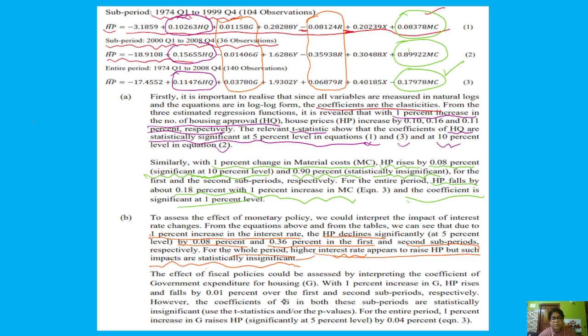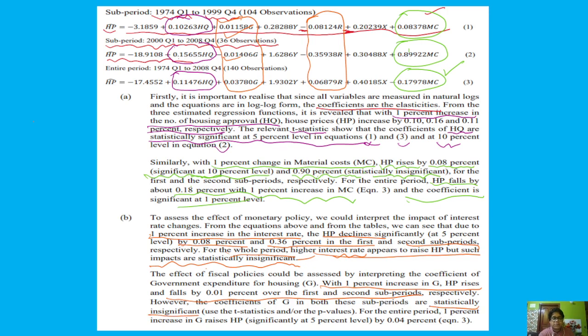Okay, but what is happening to the fiscal policy? For that, you have to look at the instrument of government expenditure. So with 1% increase in G, HP rises and falls by 0.01% of the first and second sub period. So you can see it here, 0.01, 0.01. So one is falling, one is rising, raising the prices, right? But coefficient of both cases of sub periods are statistically insignificant.